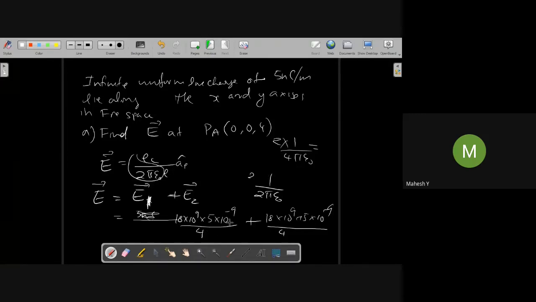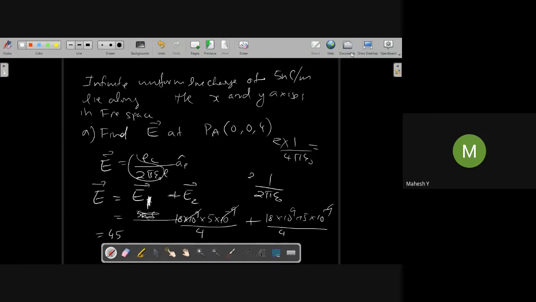So what is the total value? 10 raised to 9 cancels. So 18 into 5 divided by 4, that is 90 by 4 plus 90 by 4. What is the final value we'll get? 45. Yes, very good. 45.